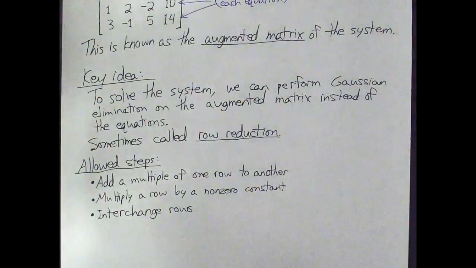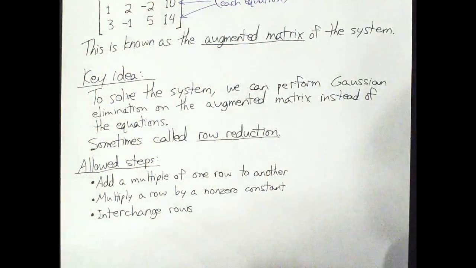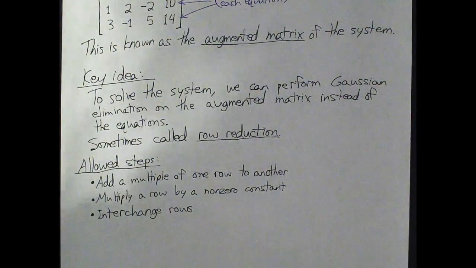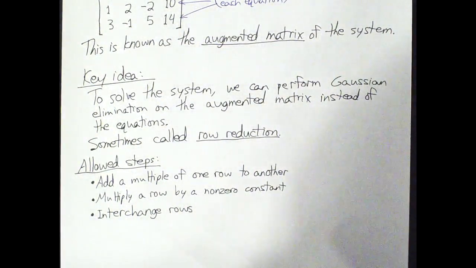So, by the way, when I say interchange rows, I just mean we're going to swap them, like swap row 1 and row 2. If you think about each row representing an equation, the idea of interchanging them is that if you wrote 3 equations and then you wrote them in a different order, it'd still be the same equations. So that's why we're allowed to interchange the rows.